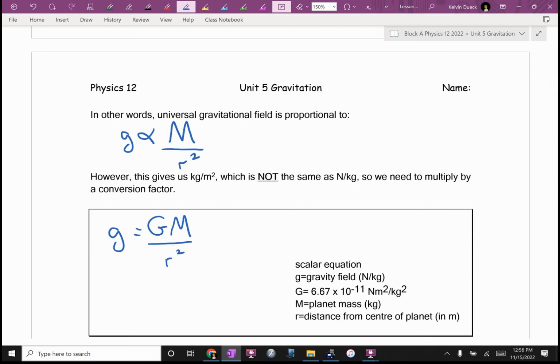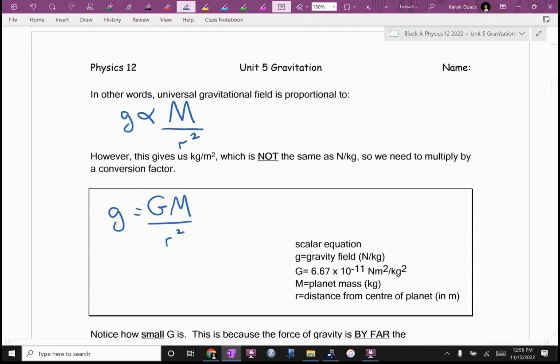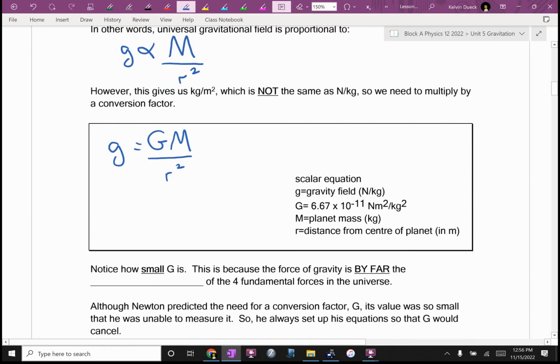The reason it's so small, gravity is a terribly weak force. Of the four fundamental forces, it's by far the weakest. By far. What does big M stand for?